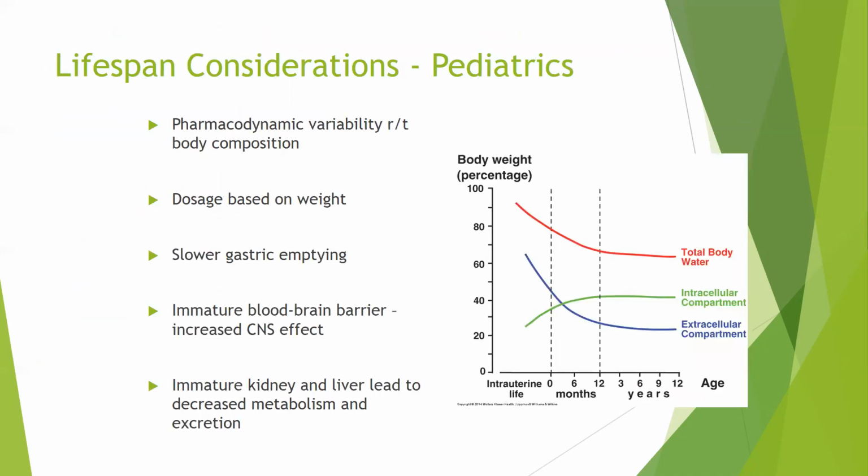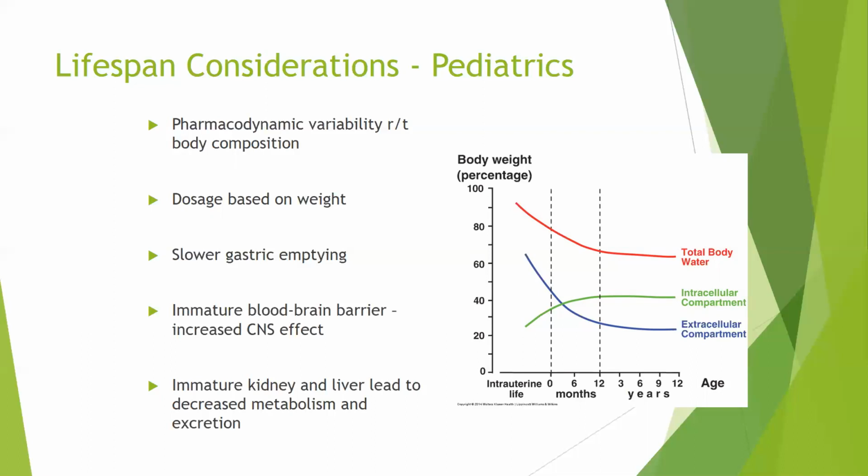So a little look at lifespan considerations. Our most vulnerable populations are pediatrics and the elderly, and those with chronic conditions or multiple comorbidities. So with lifespan considerations in pediatrics, in regards to pharmacology, most commonly, a dosage for pediatrics is going to be based on weight.